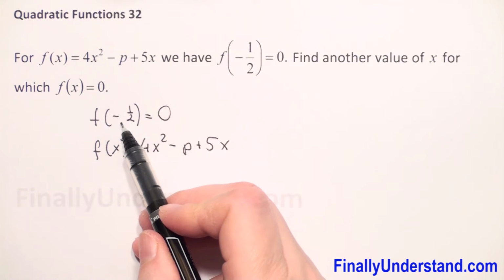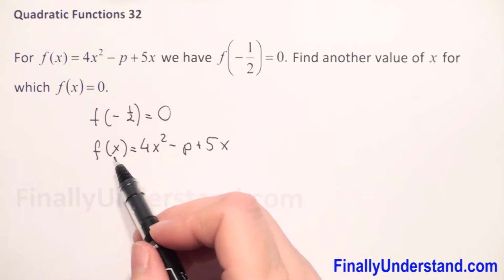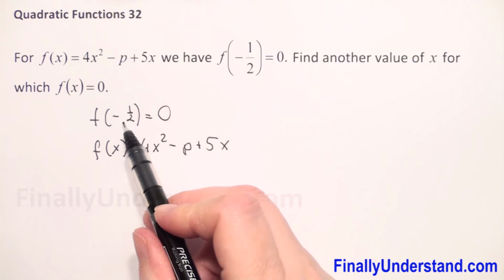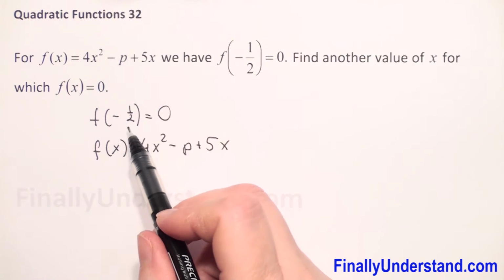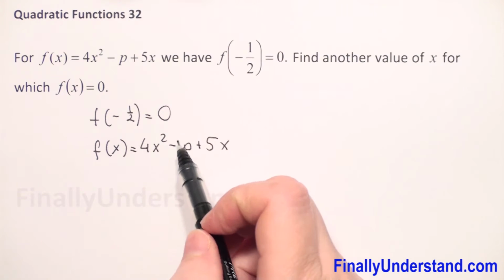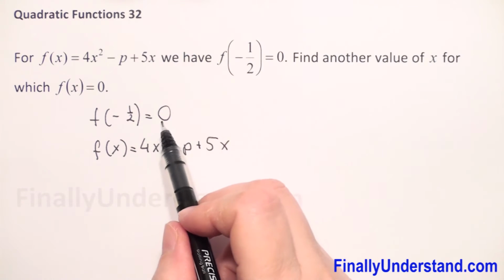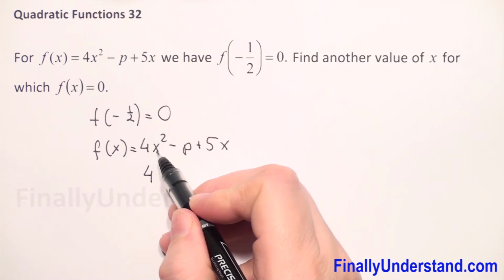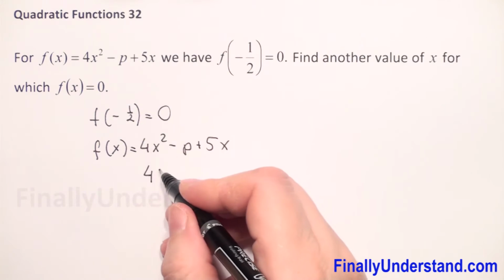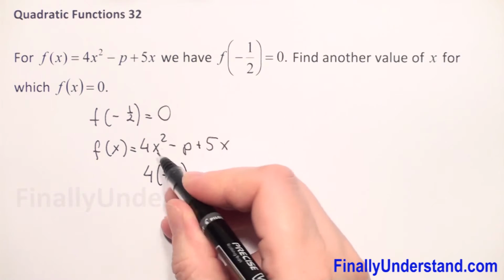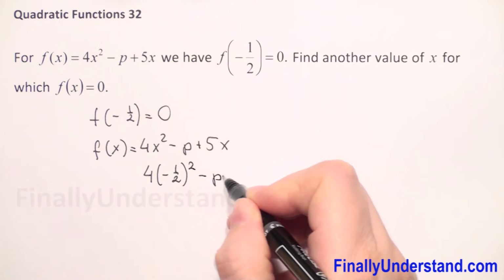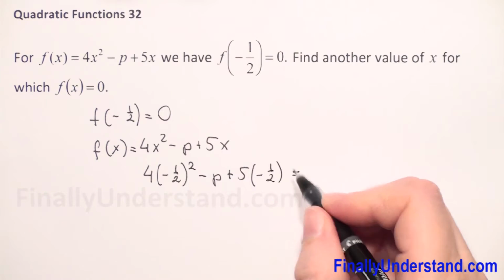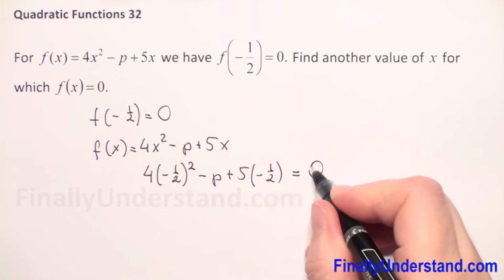So now we have to substitute x in our function by −1/2, and for −1/2 the value of our function is 0. We copy 4, and x we substitute by −1/2 to the second power, minus (p plus 5 times −1/2), must be equal to 0.